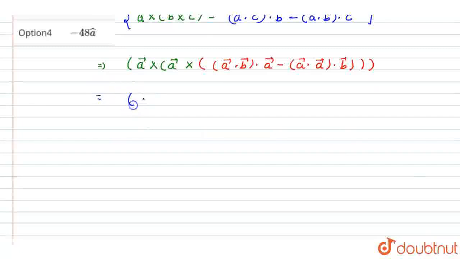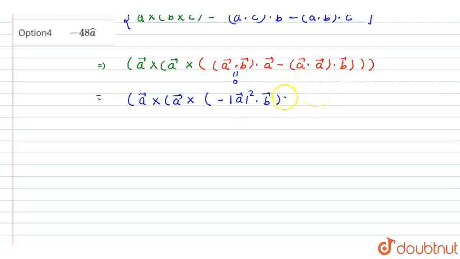Here we have A vector cross A vector, and we know this value is equal to 0. Then we get minus magnitude of A vector square dot B vector.